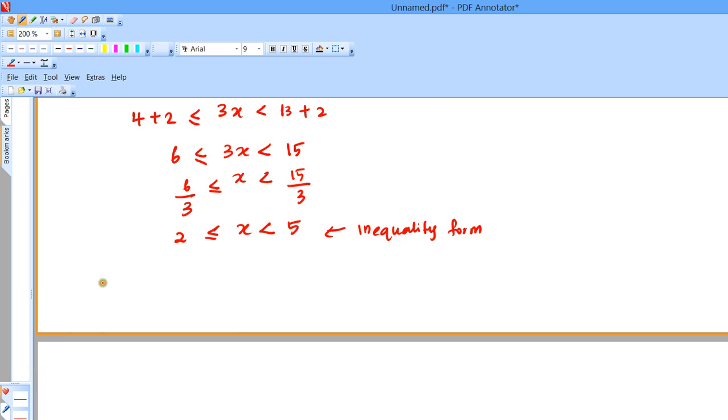And then in interval form, for the first symbol we have an equal sign, which means you use a closed bracket. For the second symbol, an open bracket. So x less than 5 and greater than or equal to 2: closed bracket 2, 5 open bracket.